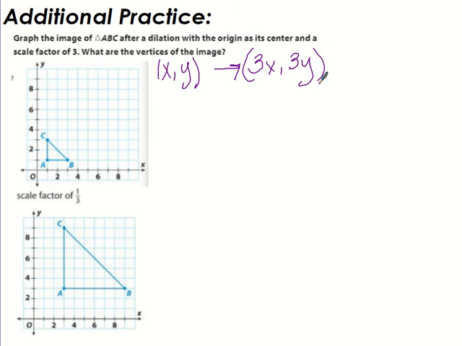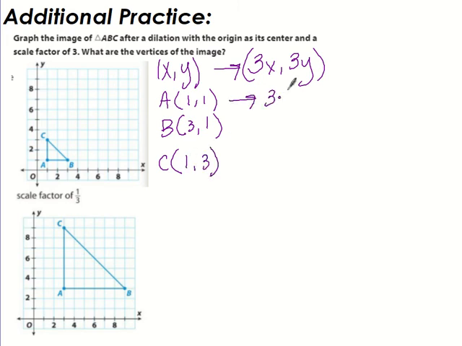So I'm going to do it longhand for both of them to show you. So if I take A, B, and C, so 1, 1, 3, 1, and 1, 3. What it would look like is we would go 3 times 1, 3 times 1, 3 times 3, 3 times 1.